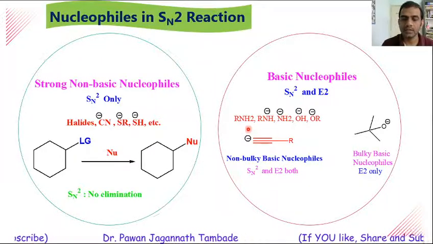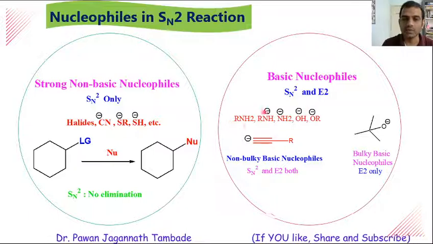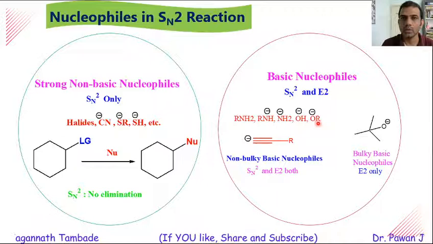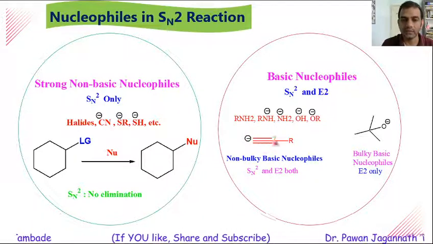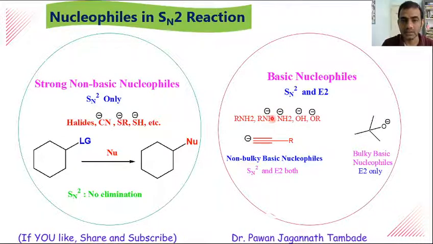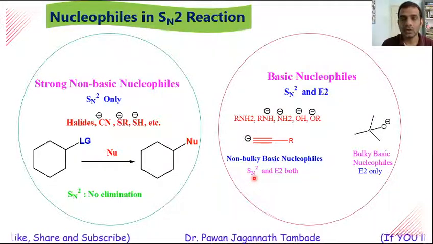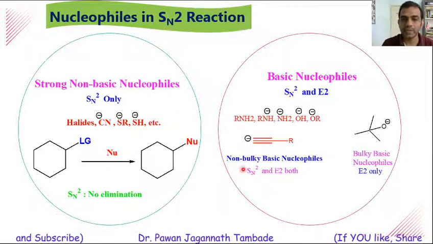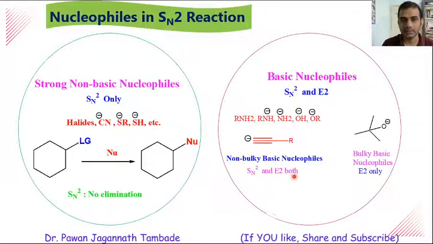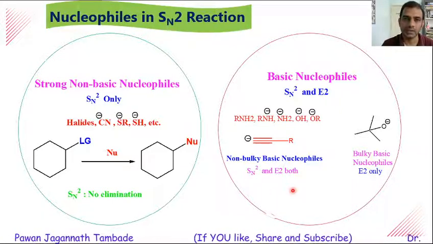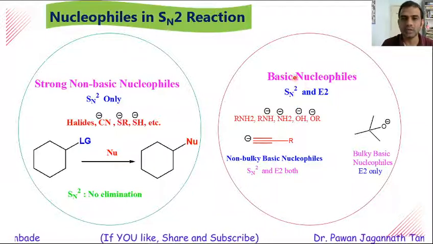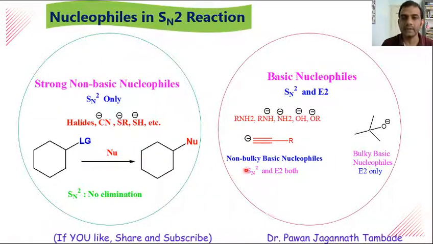For example, if suppose we have these nucleophiles, this amine or imide or OH minus, OR minus, or these types of nucleophiles which are non-bulky but are basic in nature, then they can show either nucleophilic substitution reaction by the SN2 mechanism, or they can also undergo the E2 type of mechanism. It again depends upon other conditions. There is a competition between SN2 and E2 in such cases where the nucleophile is basic in nature and it is non-bulky.